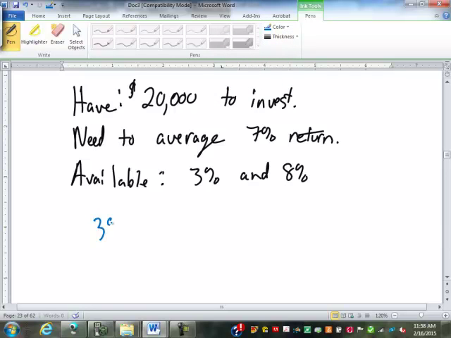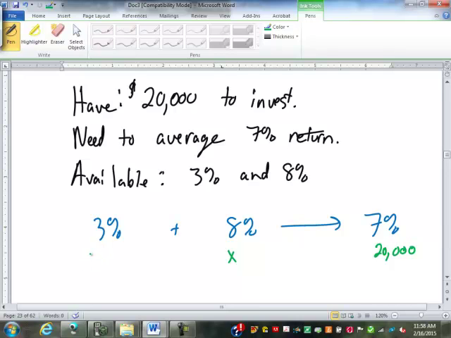So here we have 3% and 8%, hoping to get a 7% total. We know $20,000 is going into the 7%, but we don't know either of the others. So just like with our solutions, I'm going to let X be the amount of the more concentrated, in this case, the higher percent yield.